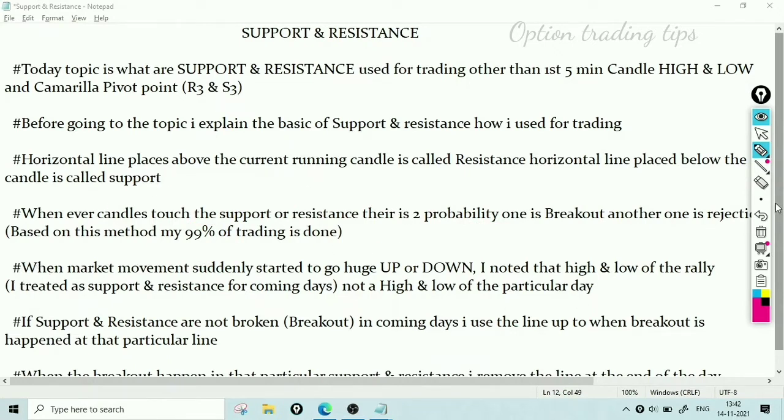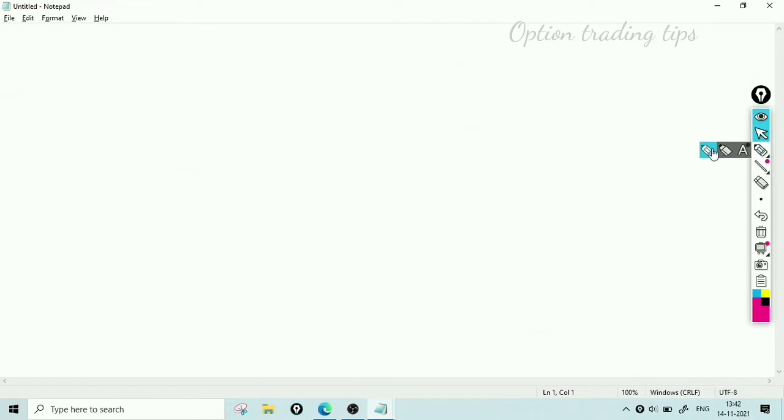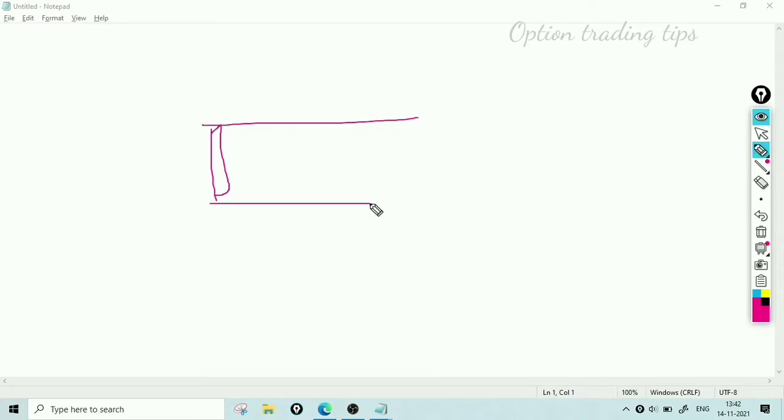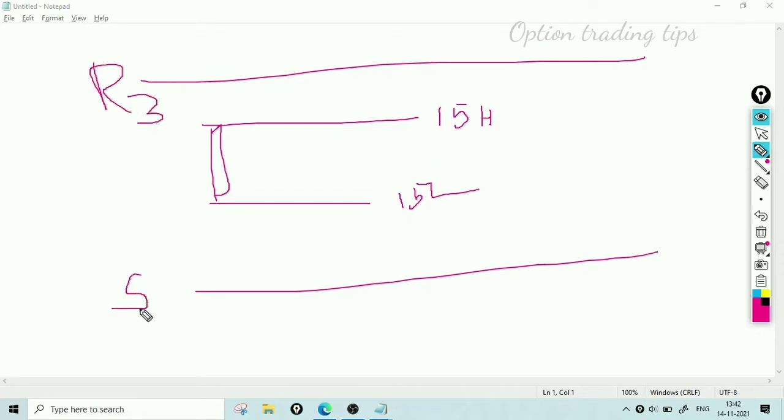Now we see what support and resistance I regularly use. The first one is the first 5 minutes candle high and low. This is the first 5 minutes candle high and this is the first 5 minutes candle low. And Camarilla R3 and S3.